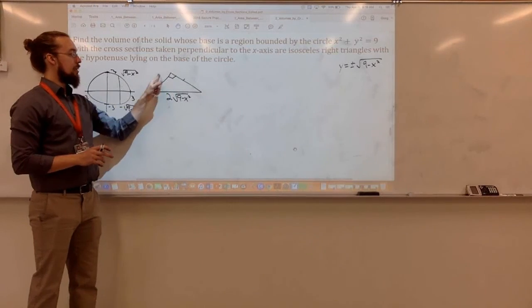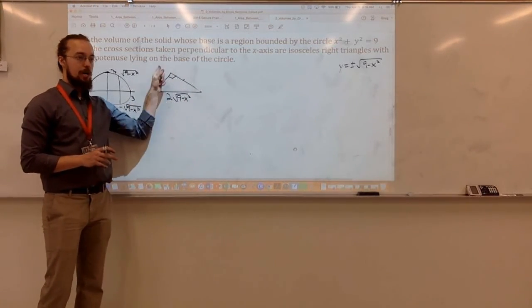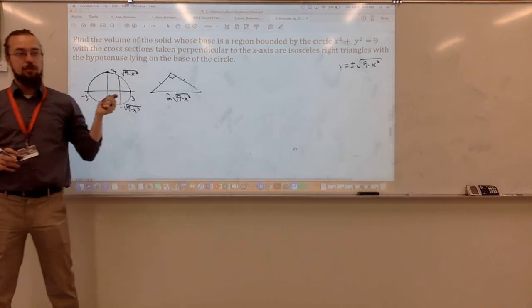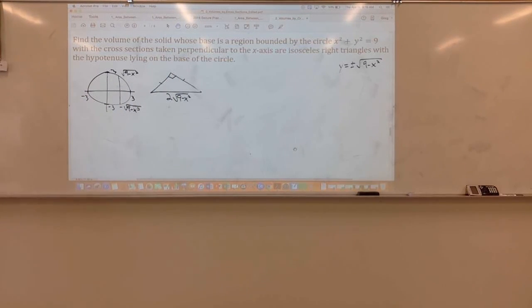The base and the height would be these two sides. I need to solve for one of these pieces here. How can I solve for one of those?